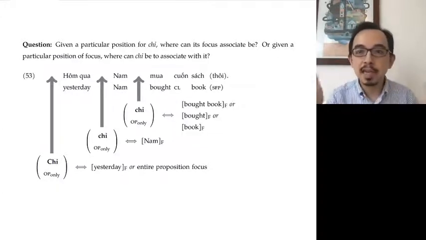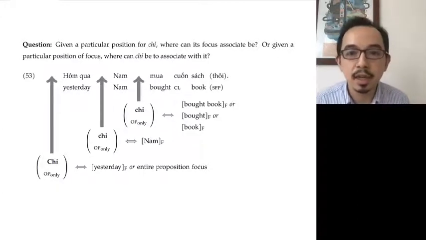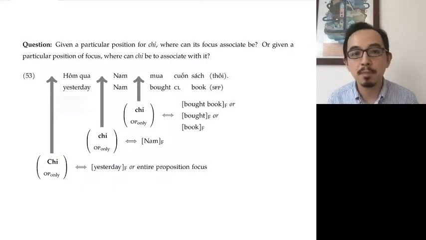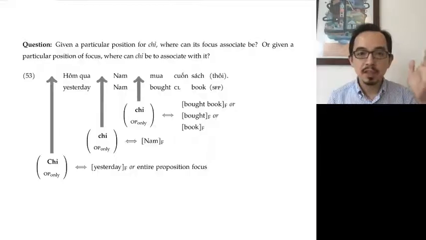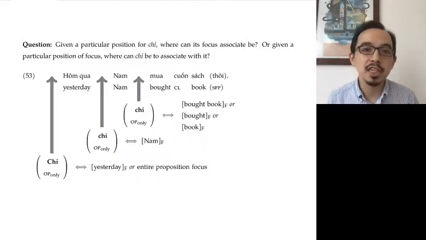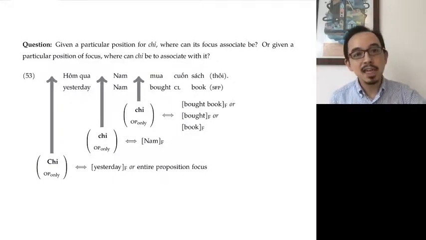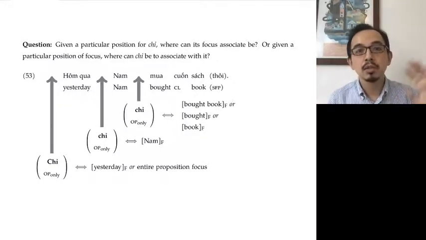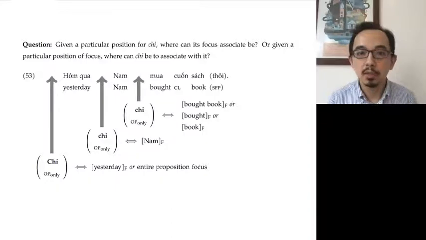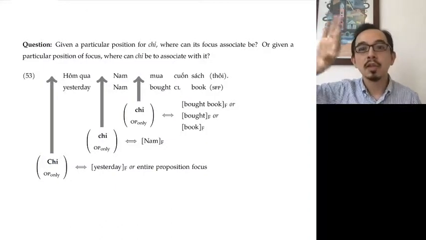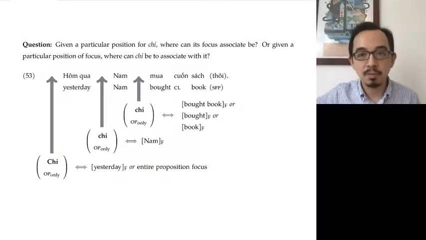Here is a baseline simplex sentence with no clausal embedding, where we have this baseline word order, 'yesterday Nam bought the book.' And there are three places that you can put chỉ in this sentence. It can be chỉ yesterday Nam bought the book, yesterday chỉ Nam bought the book, or yesterday Nam chỉ bought the book. Chỉ is ungrammatical in the postverbal position, inside the VP.